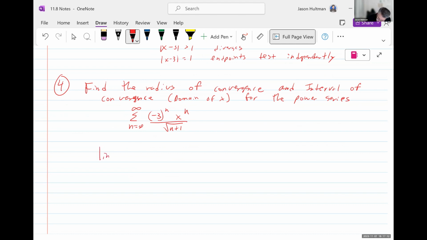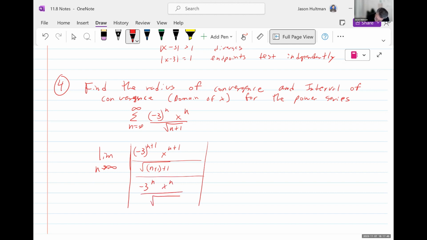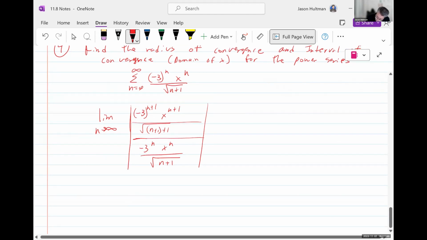Okay, so again, ratio test: the limit as n goes to infinity of (-3)^(n+1) x^(n+1) over the square root of n plus 1 plus 1, all over (-3)^n x^n over the square root of n plus 1.